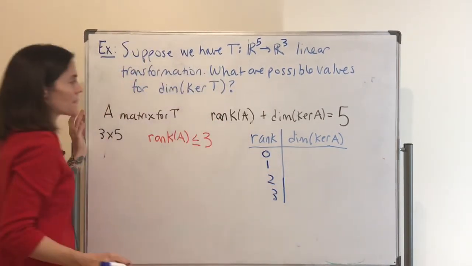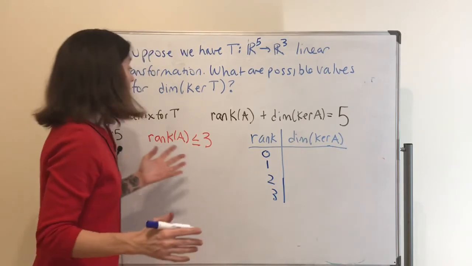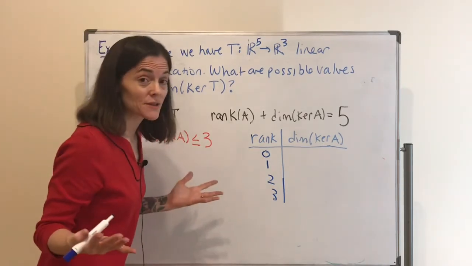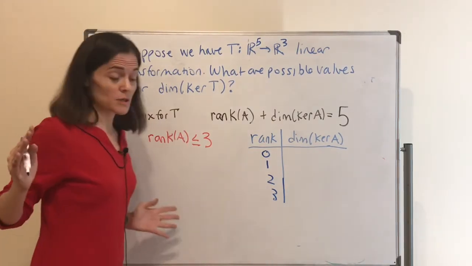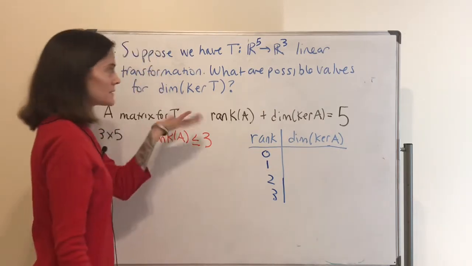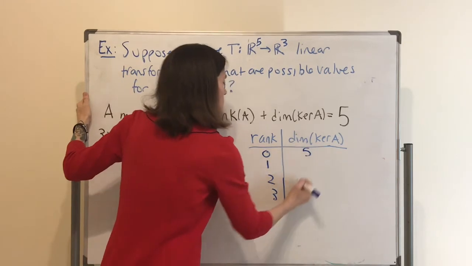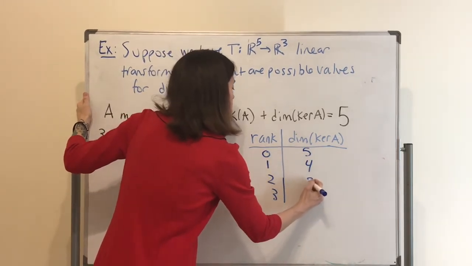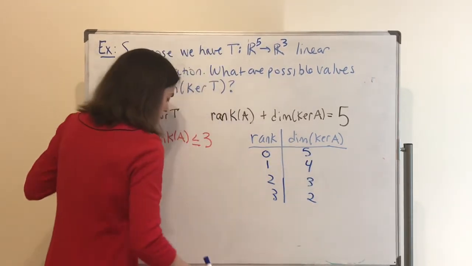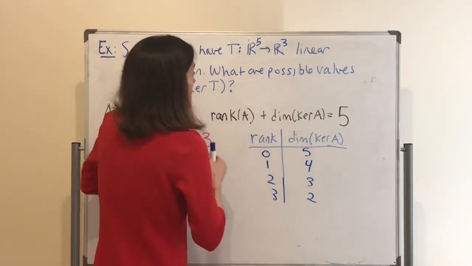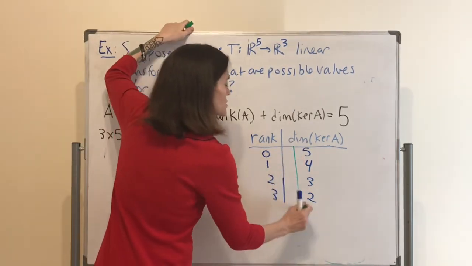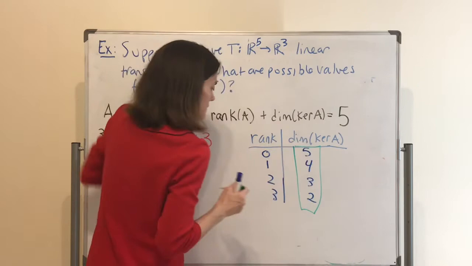You could have a matrix with rank 0. That's just the 0 matrix, and the corresponding map would be the 0 map. That certainly can happen. Rank is 0, the dimension of the kernel is 5, this would be 4, this would be 3, and this would be 2. So this is the answer to the question. The possible values for the dimension of the kernel of T are all of these numbers.